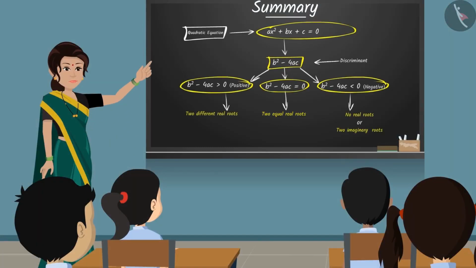In this video, we have seen some interesting examples based on discriminant of the quadratic equation and nature of roots. In the next video, we will see the common mistakes that arise while solving these types of questions.